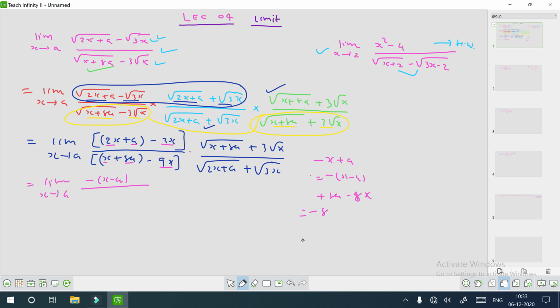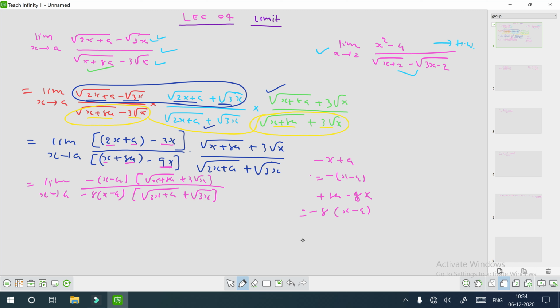So if I take minus 8 common, what do you get? a minus x, sorry, that is of course one and the same thing. Into remaining factors: under root x plus 8a plus 3 root x, denominator quantity as it is, under root 2x plus a plus root 3x.